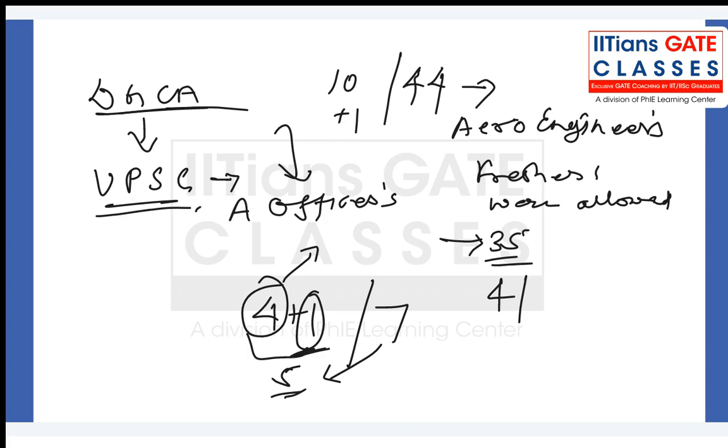One more thing I will tell. For 7 positions, they shortlisted 70 people. Now tell me guys, you guess. From IGC, how many people appeared?